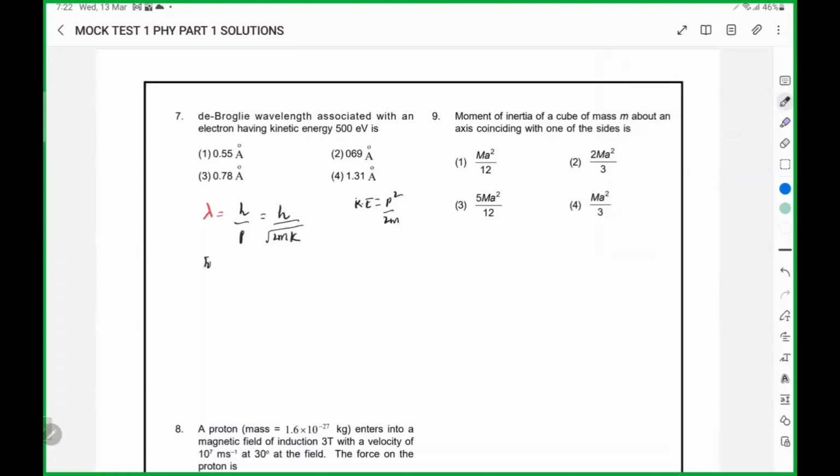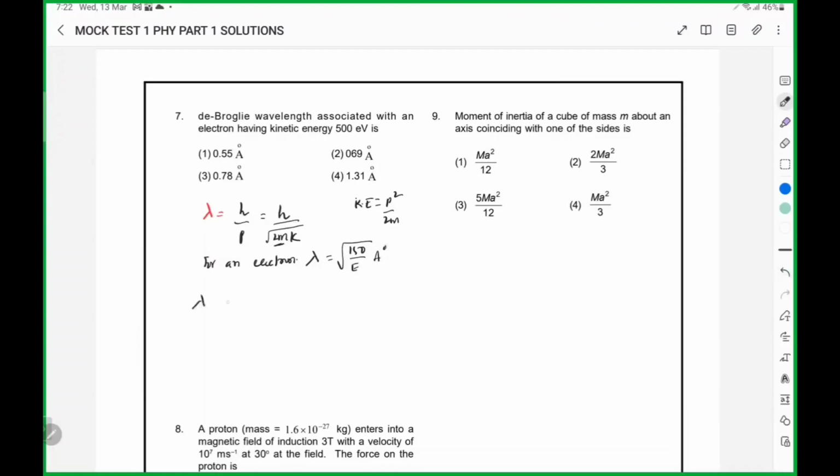For an electron, the wavelength in terms of energy, after substituting the mass of the electron and Planck's constant and simplifying, we have a formula in Angstrom units.